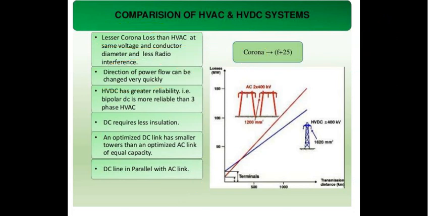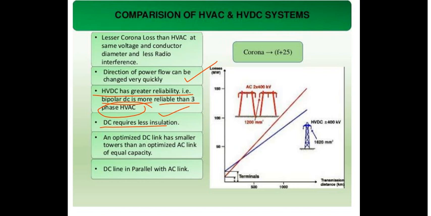Then one more thing is that the HVDC has greater reliability, right? And a bipolar DC is more reliable than a three-phase HVAC system. DC requires less insulation. We have already seen this in our earlier presentations on the comparison, and this is again seen here. An optimized DC link has smaller towers than the optimized AC link of equal capacity, which we have seen in our previous slide.